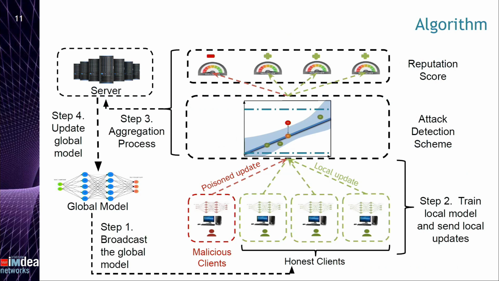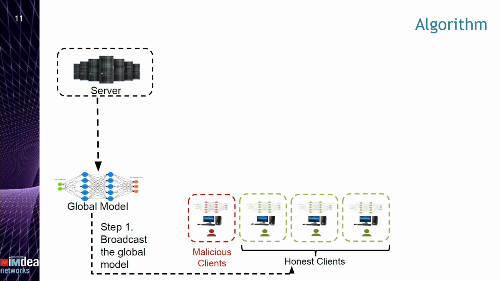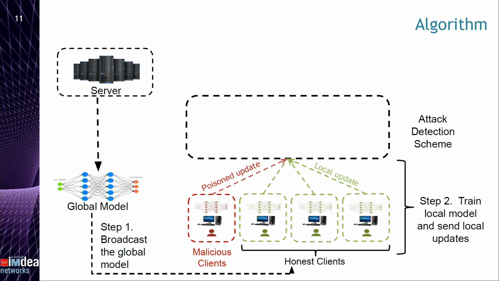Here is the overview of our reputation-based aggregation algorithm. It consists of two main parts: in that corner, you can see the attack detection scheme and the reputation model. In the first step, the server chooses a global model and broadcasts it to all the clients, and all the clients train the model locally and send their updates back to the attack detection scheme.